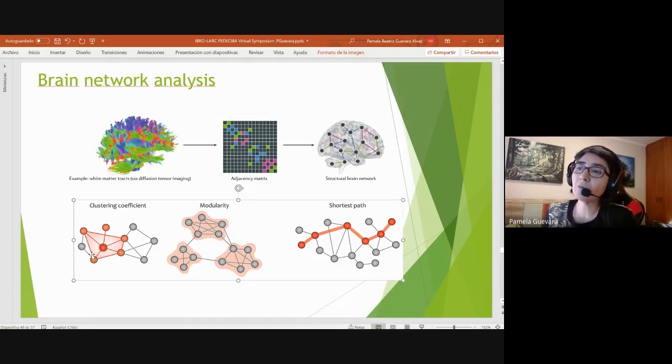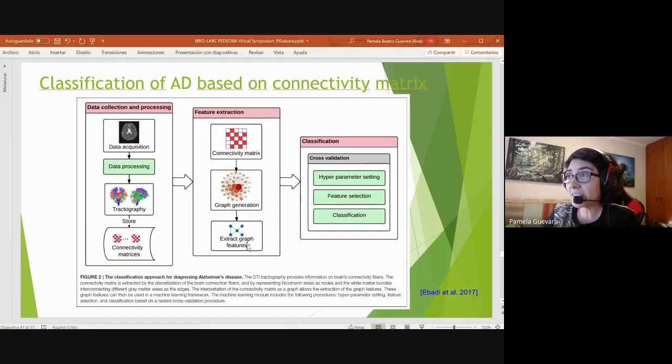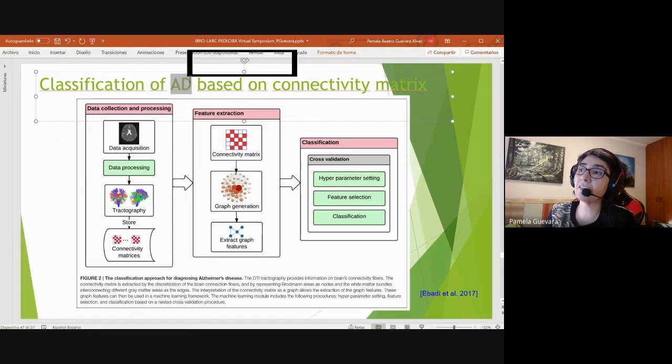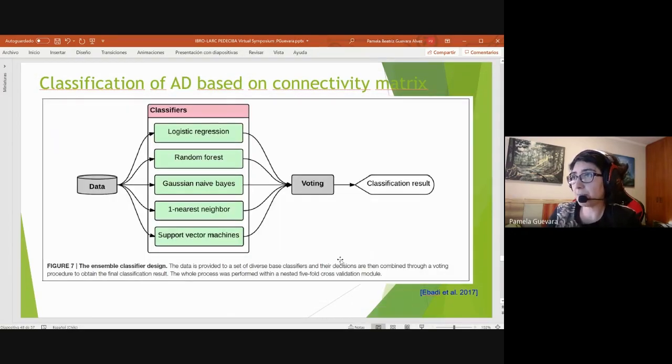For example, what do the features represent? For example, how connected the nodes are, whether the nodes are highly connected or not, etc. With this kind of information, you can classify, for example, Alzheimer's disease patients, using different classification methods.